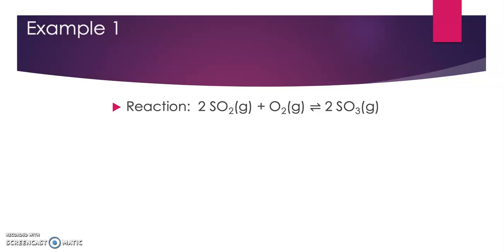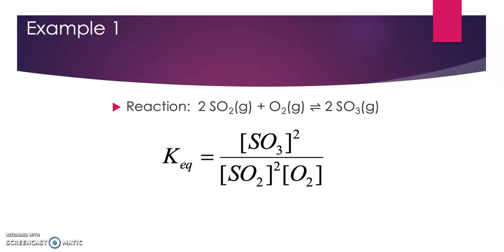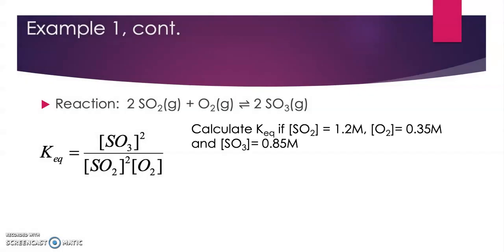So products over reactants, coefficients become exponents. Here's our KEQ expression: sulfur trioxide squared in my numerator, SO2 squared times O2 in my denominator. Notice I have the square brackets because I'm indicating molar concentrations.